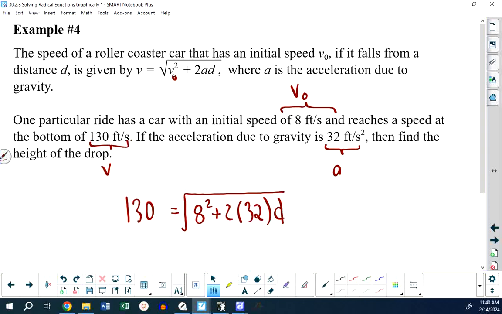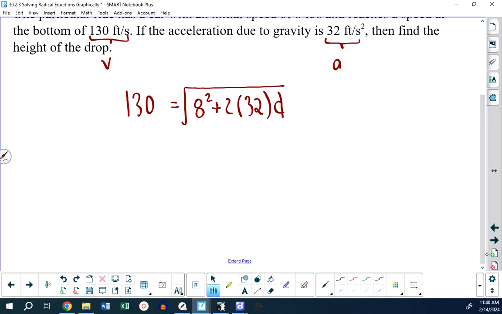Honestly, you guys, this is so simple to solve. Why would you want to solve it graphically? Look what this equation is. It is 130 equals the square root. 8 squared is 64. 2 times 32 is 64. And we solve this equation. It's simple. Square both sides and rearrange for d. The idea that you're going to do this graphically, I think, is a little wacky. I don't think you want to do that.